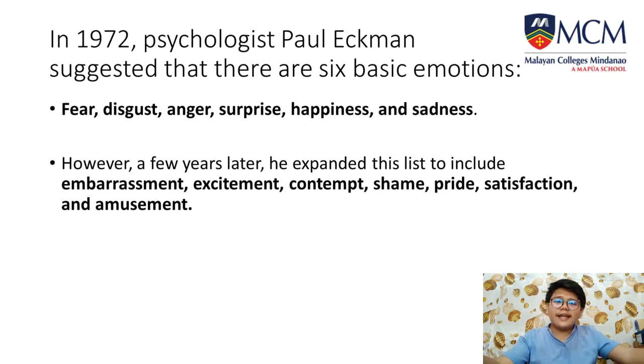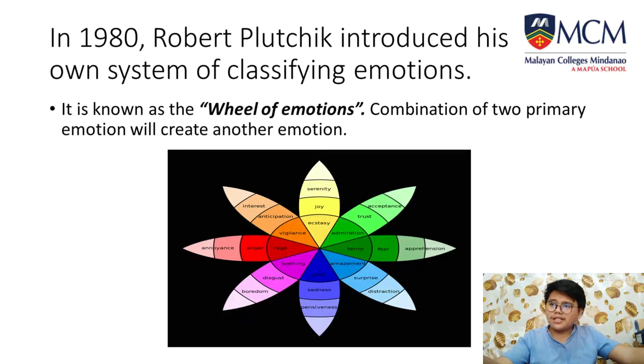Okay? So again, it roots in the feelings, and emotions are the physical reactions, no? And there are interpretations which are psychological in this point of discussion. So in 1980, Robert Plutchik introduced his own system of classifying emotions.